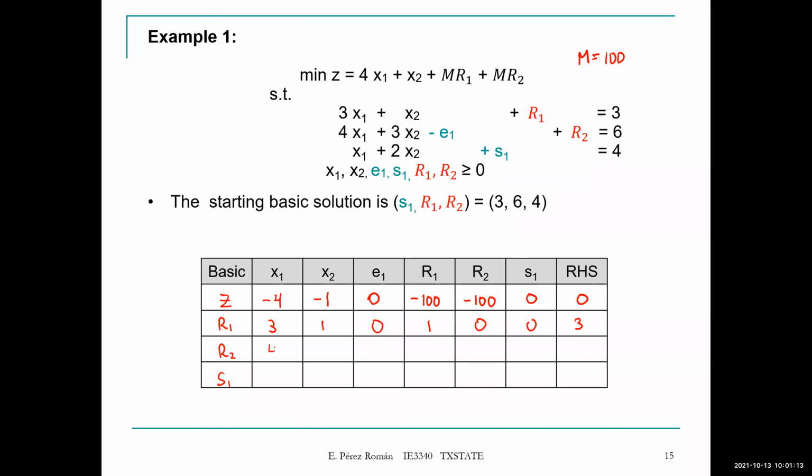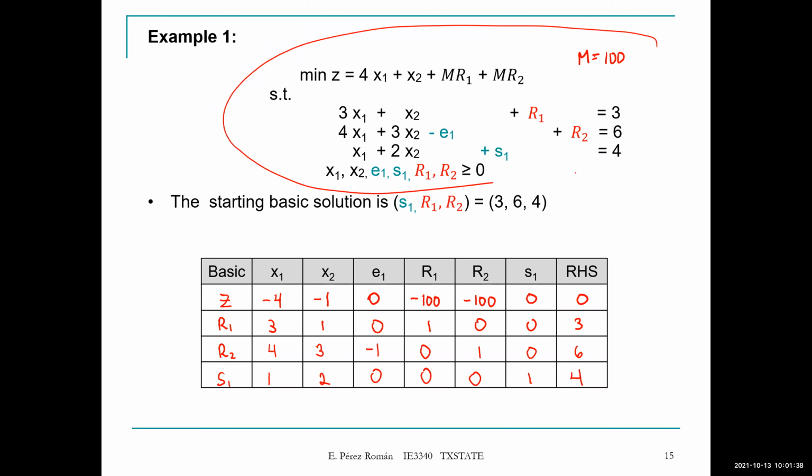We have 4, 3, -1, 0, 1, 0, 6. Here we have 1, 2, 0, 0, 0, 1, and 4. So this is the setup based on this information.